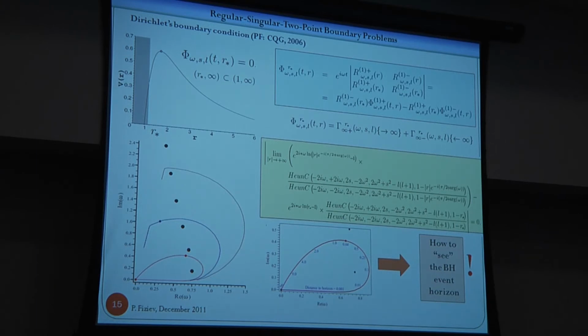The basic frequency is shown here. This red line gives the trajectory of the basic frequency in the complex omega plane. We have a line, not a dot, because we have a free parameter, the radius of the reflection surface.